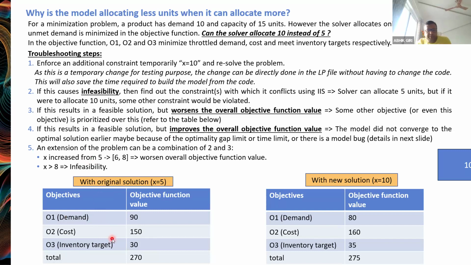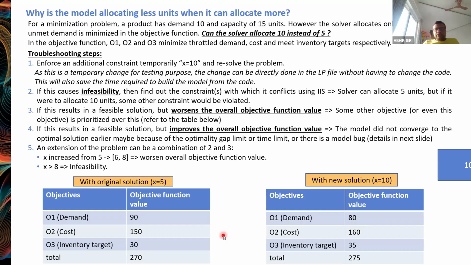The objective function values with x equal to 5 are 90, 150, and 30. With x equal to 10, I'm able to meet more demand because the objective value for unmet demand reduces to 80 from 90, but the values for cost and inventory target increase, and the overall increase is higher than the original solution of x equal to 5. In other words, it worsens the overall objective function value.